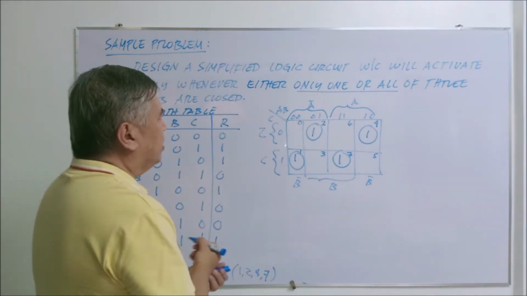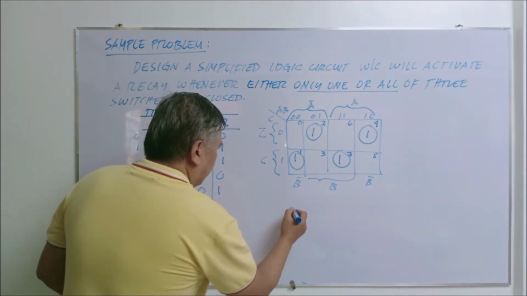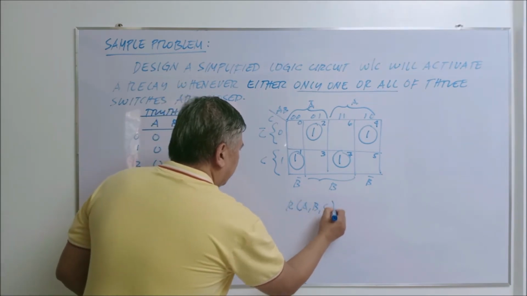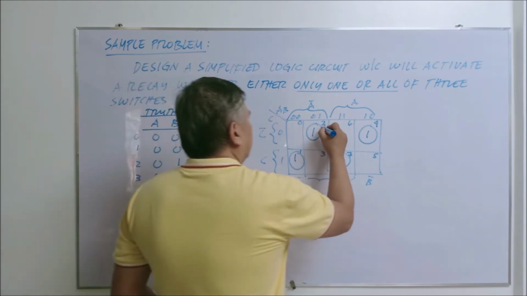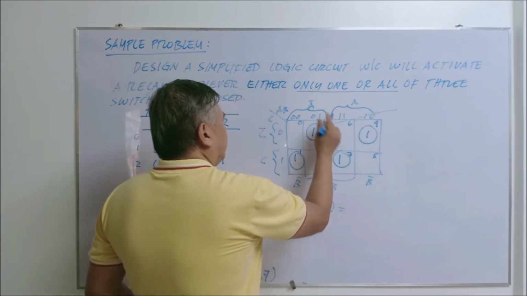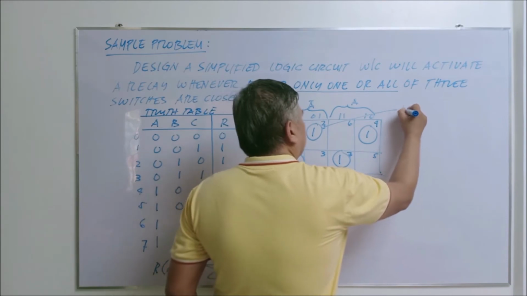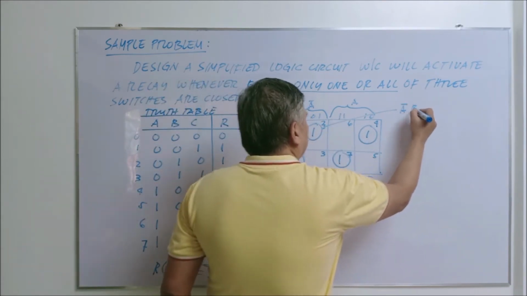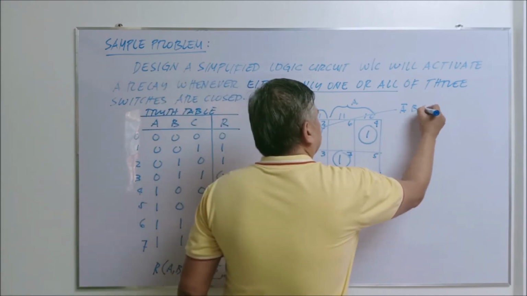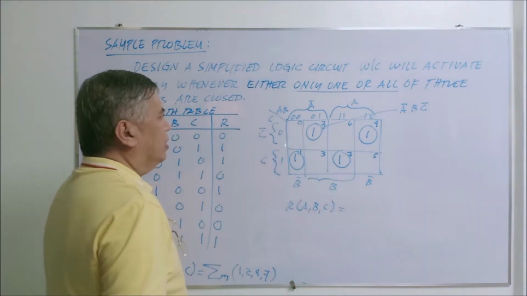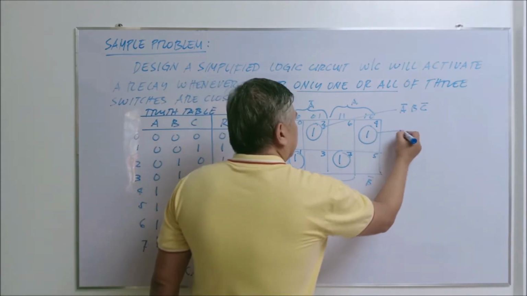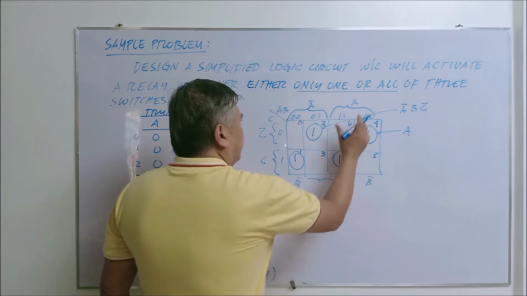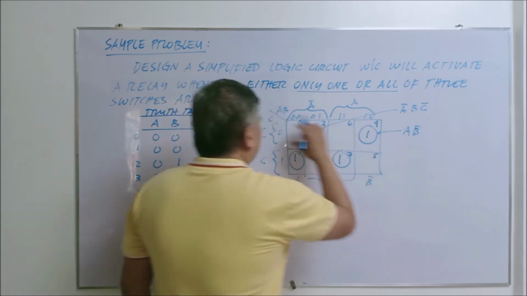So what will be our equation? R as a function of A, B, and C is equal to, so this one here is what? The intersection of this is under A bar, under B, and C bar. And this one here is under A, under B bar, and under C bar.